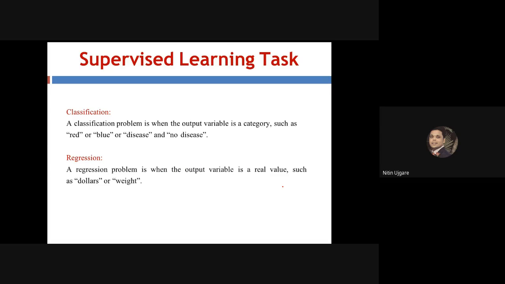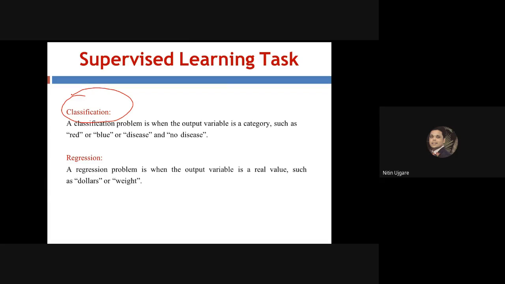Categorical variable means what? When your variable has a discrete value, then it is called a categorical variable. And whenever the output has a categorical or discrete value, then such a task comes under the category of classification. The example is given here.